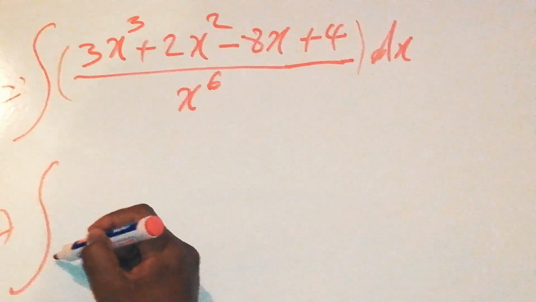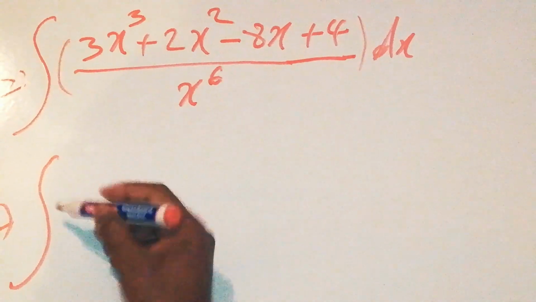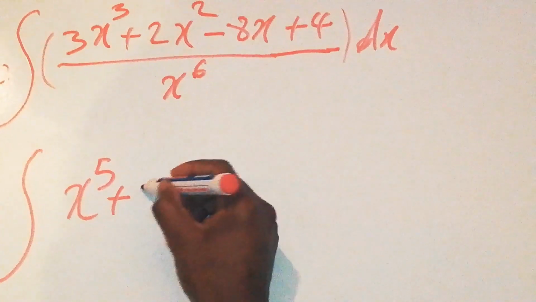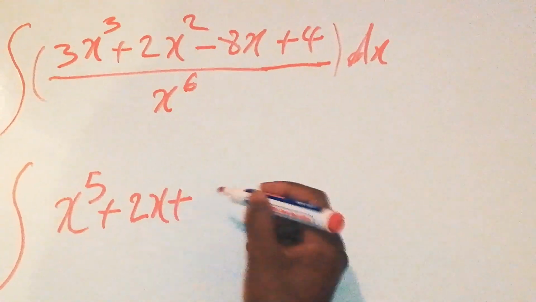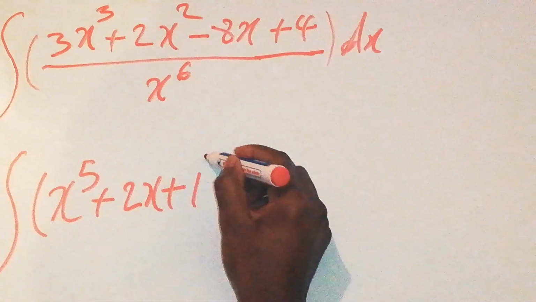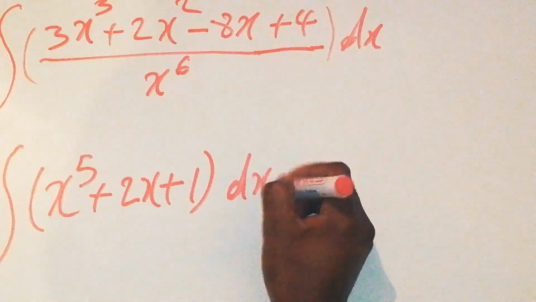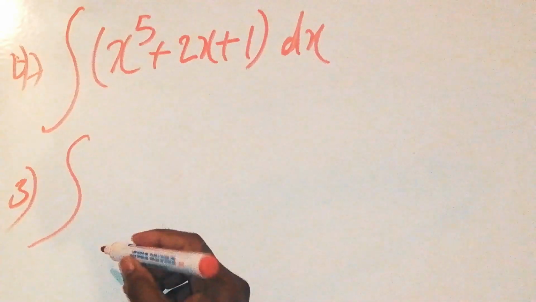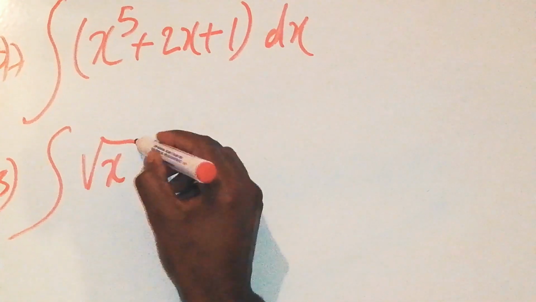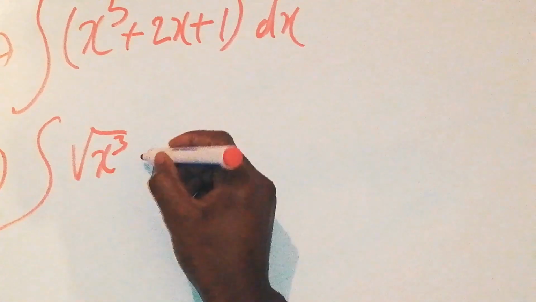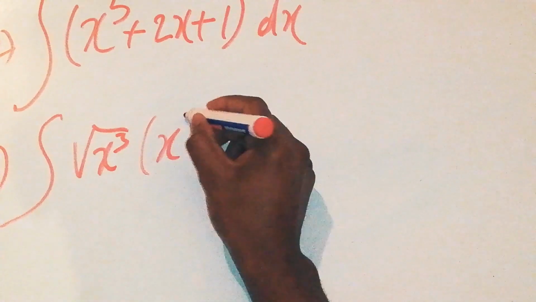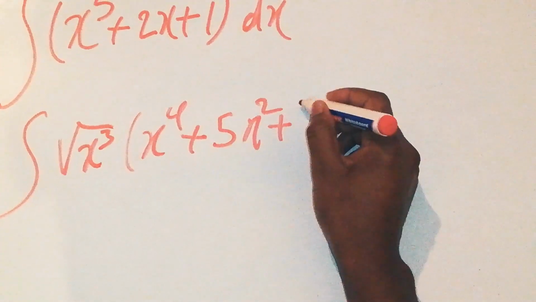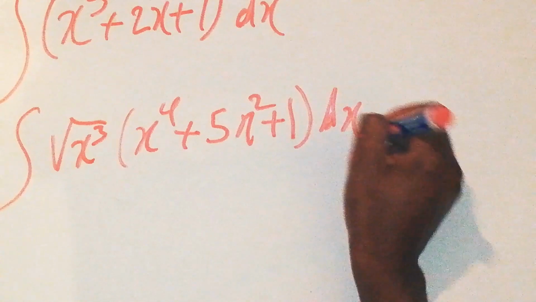And here I go again: x to the 5 plus 2x plus 1, dx, and the third exercise will be x to the 4 plus 5x squared plus 1, dx.